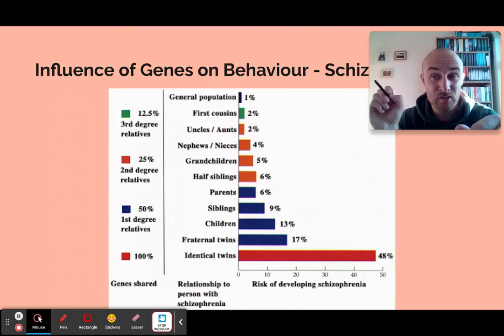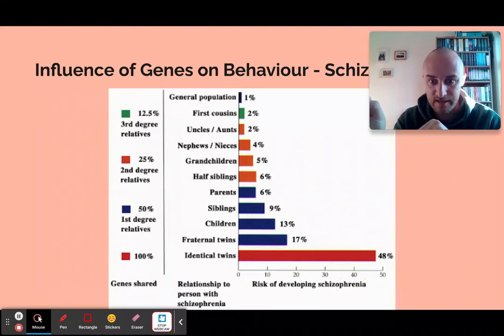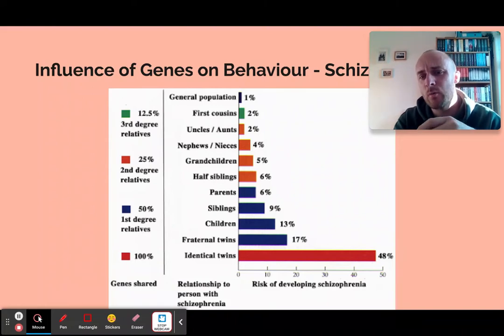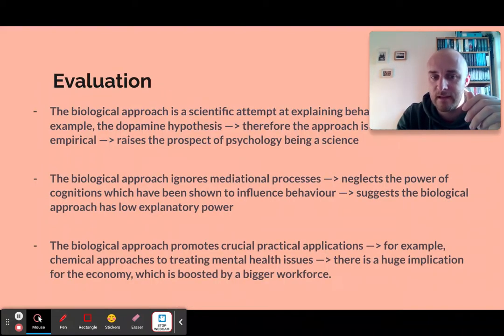But if your identical twin, who has mostly the same genes as you, has it, you have a 48% chance. So the closer you are in terms of genetics to the person with schizophrenia, the more chance you are going to. You could easily counter that, by the way, and say, well, actually, the closer you are genetically to someone, the more likely you are to share their environment. But I'm not going to get into that now.